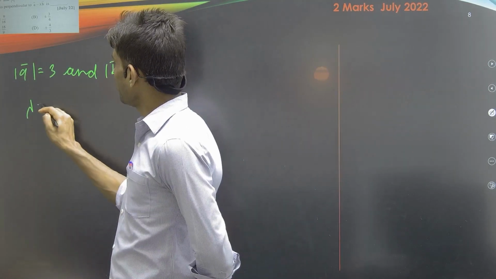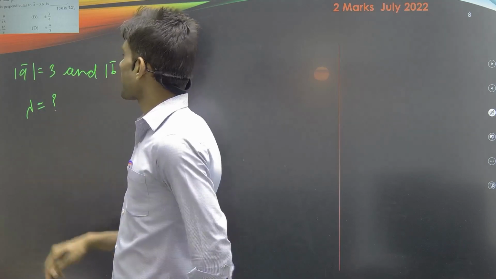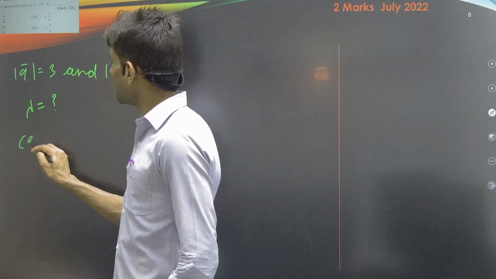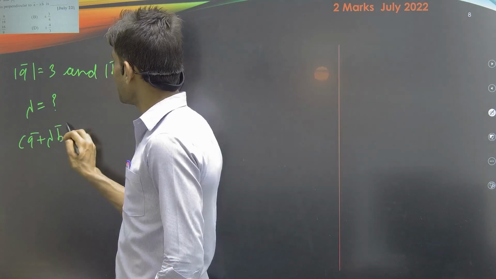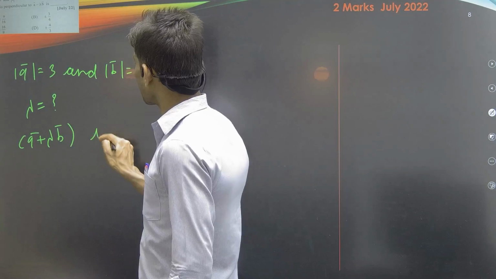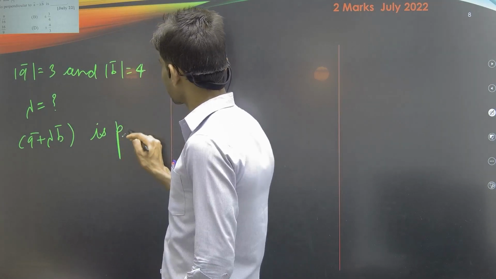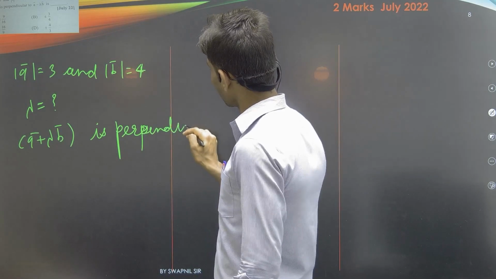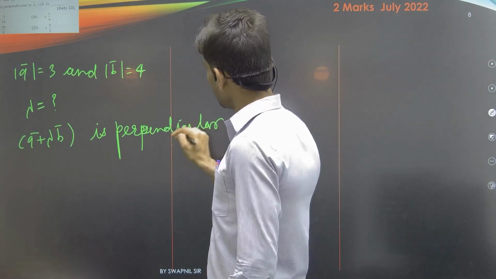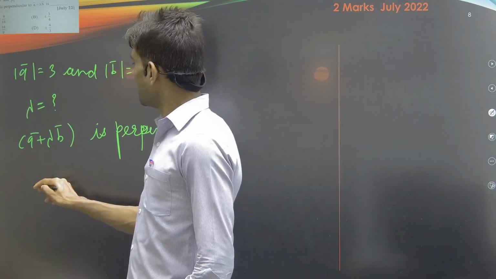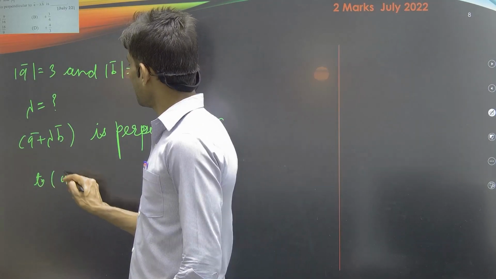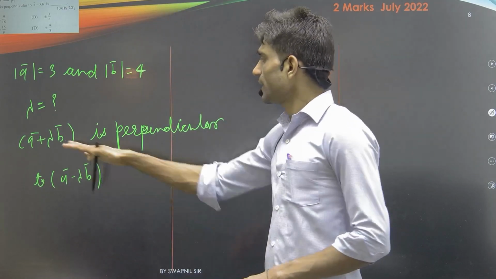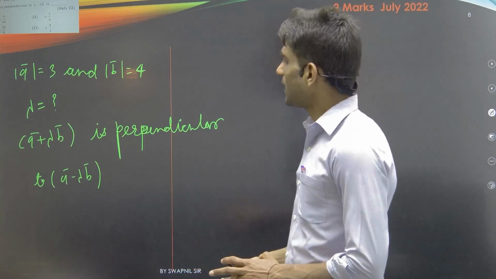Then we want the value of lambda for which the vector a bar plus lambda times b bar is perpendicular to the vector a bar minus lambda times b bar.